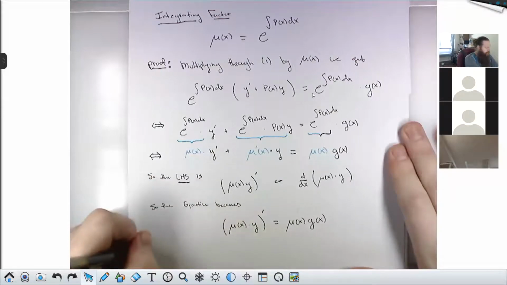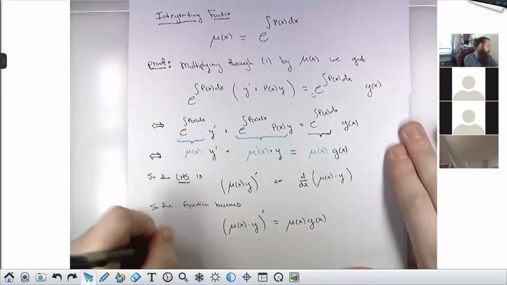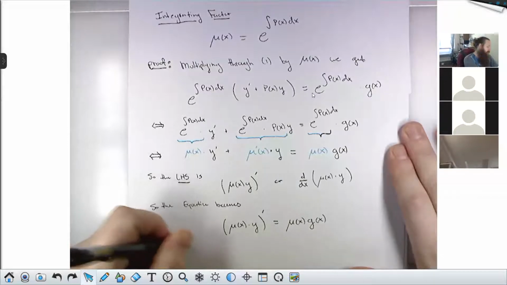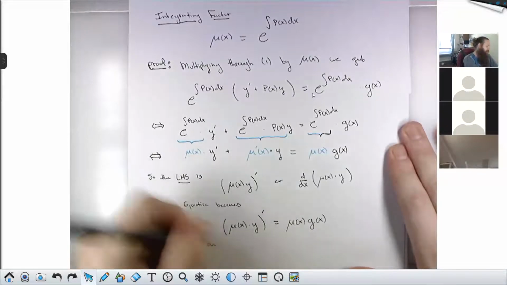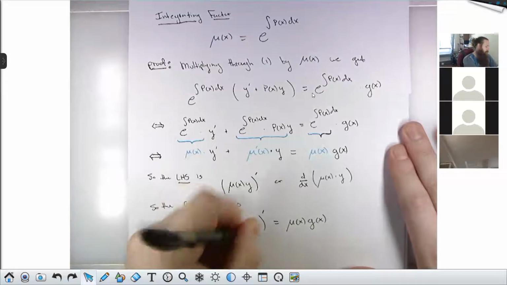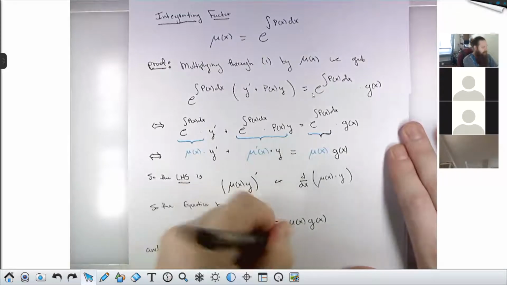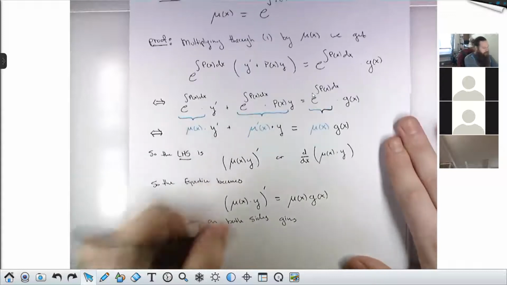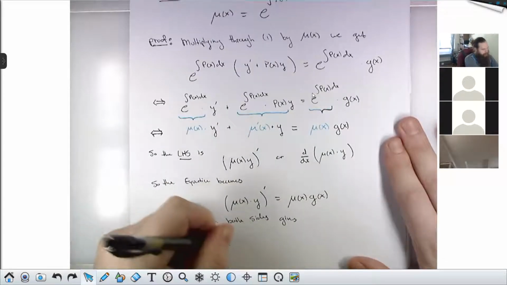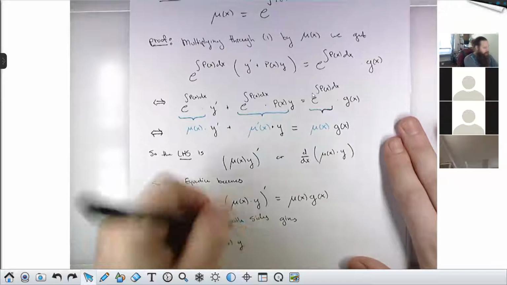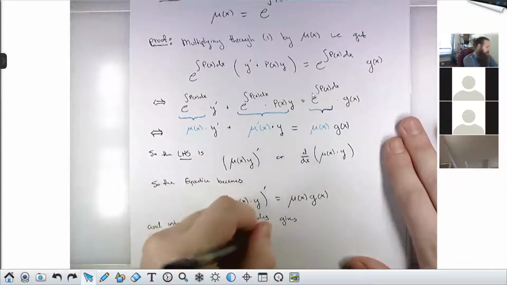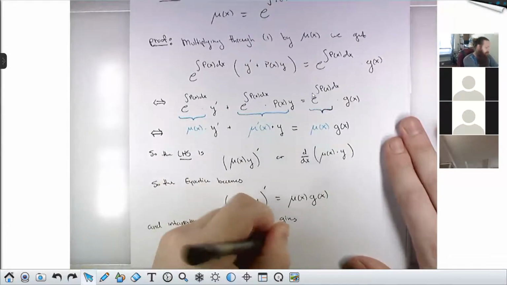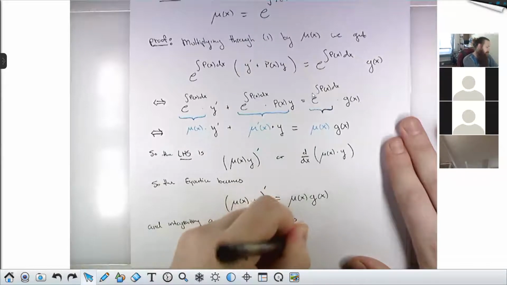And we can integrate on both sides. When you integrate on the left, the prime just goes away. You get mu of x times y equals the integral of mu of x g of x.